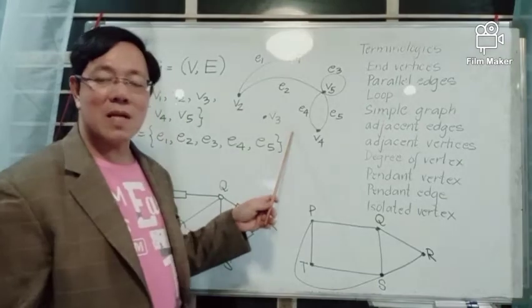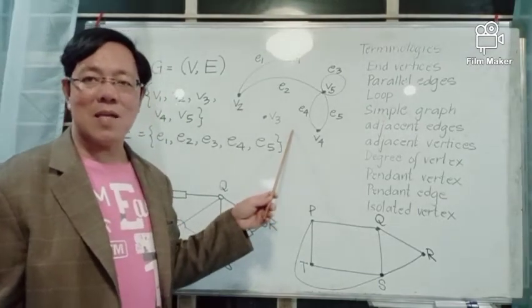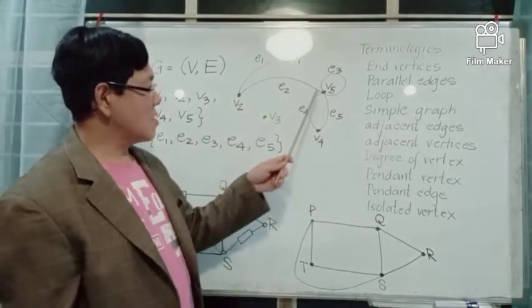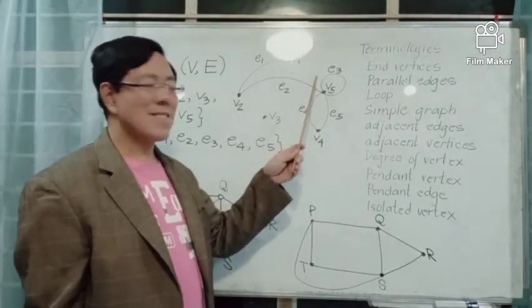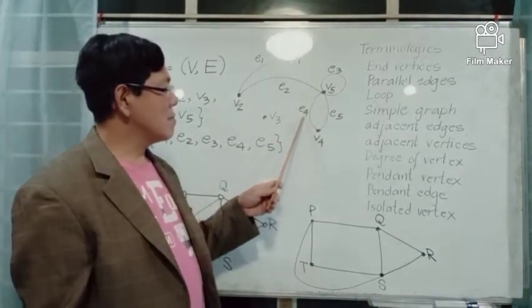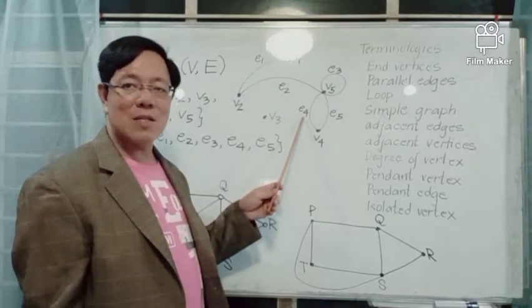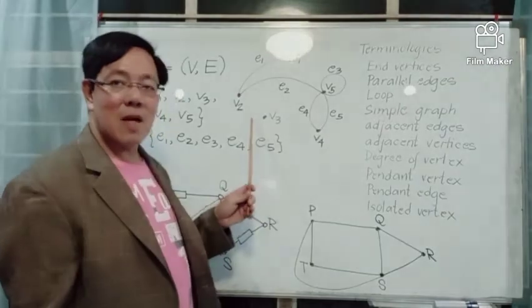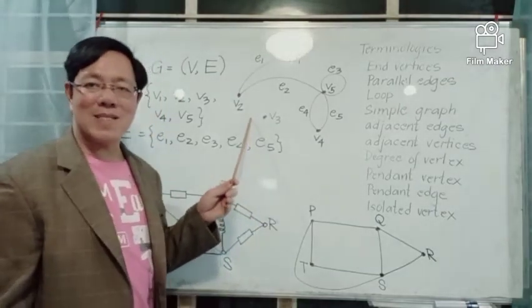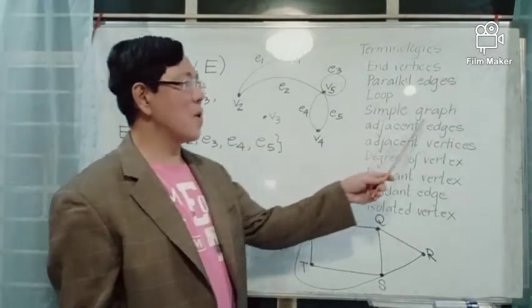And this particular example of a graph is not a simple graph because it contains one loop, the edge E3, and one pair of parallel edges, the edges E4 and E5. Thus, this example of graph is not a simple graph.